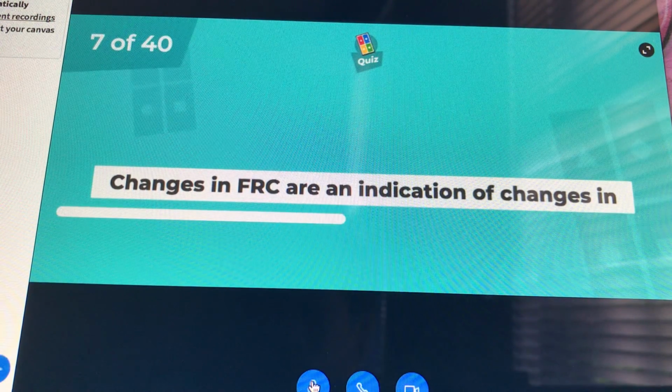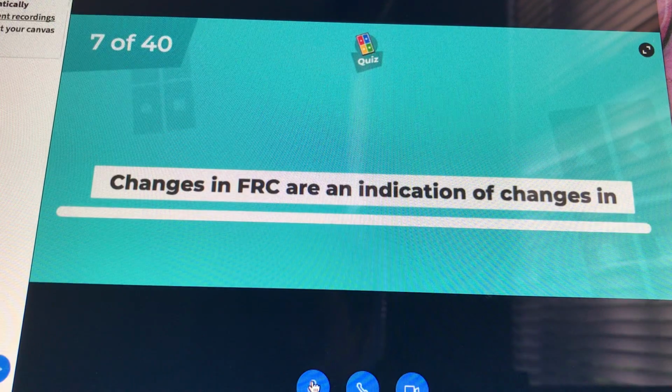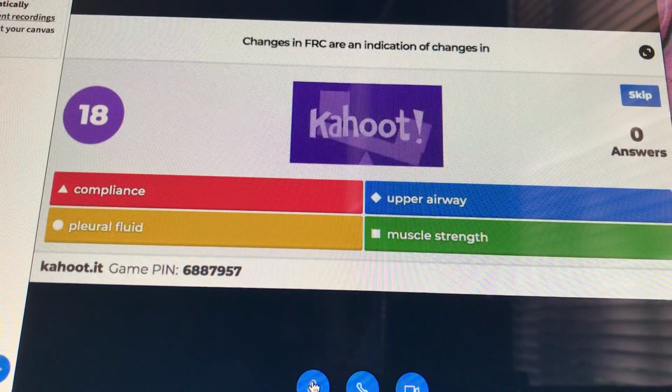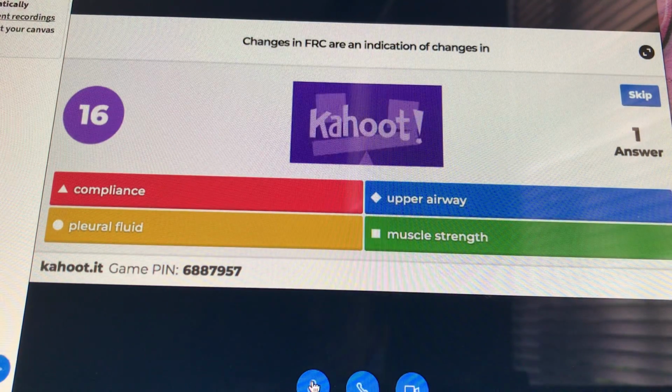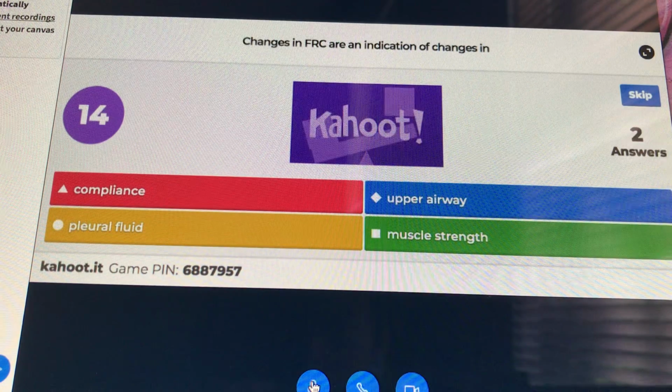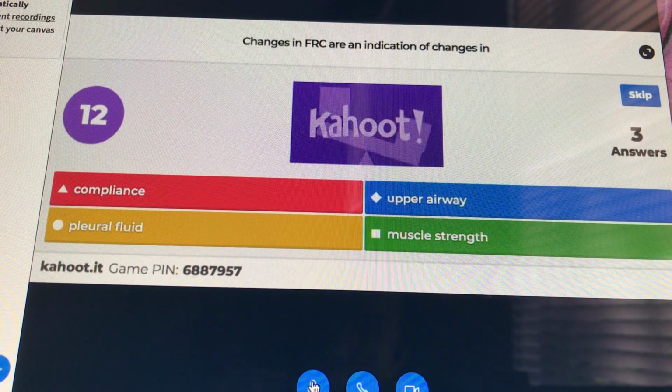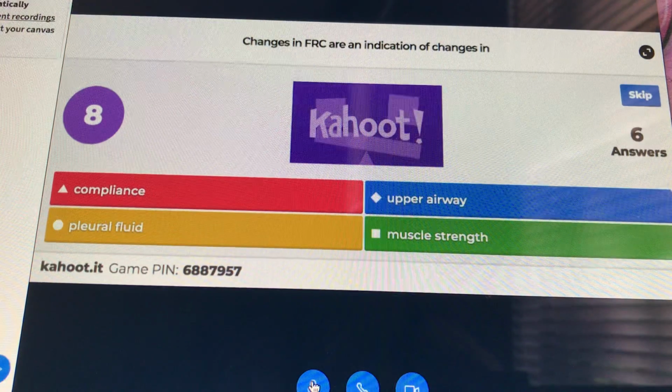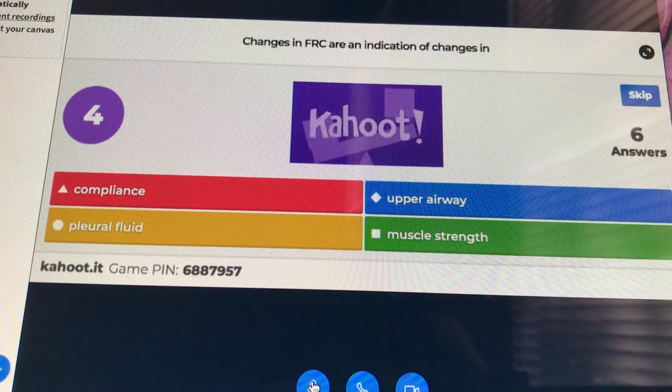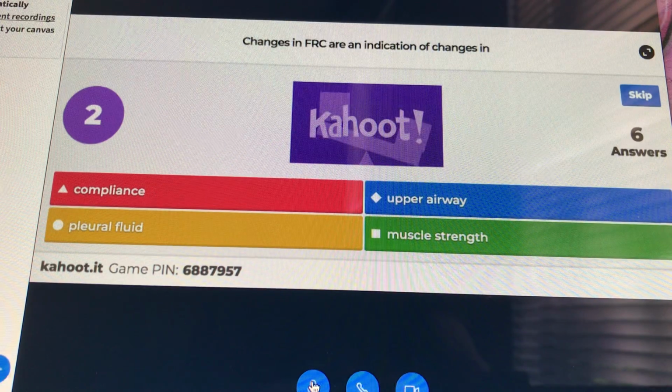Okay, changes in FRC are an indication of changes in. Good. So changes in compliance.